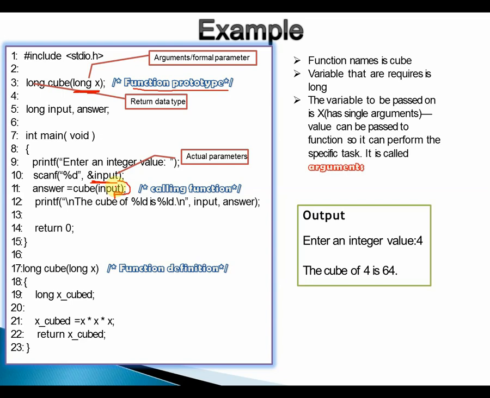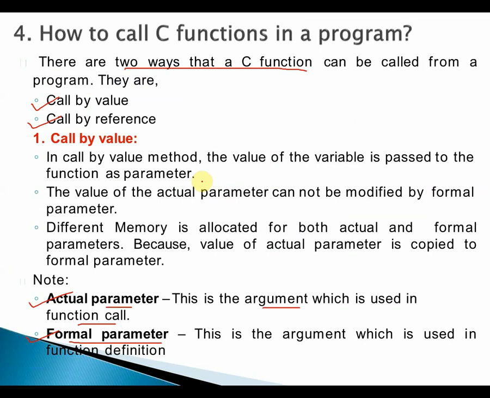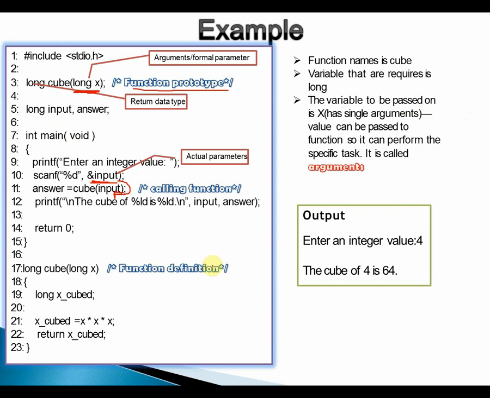Now this is it about the example. Let us go back to the main slide. Over here, I have put down that formal parameters are those parameters which are present in the function definition.